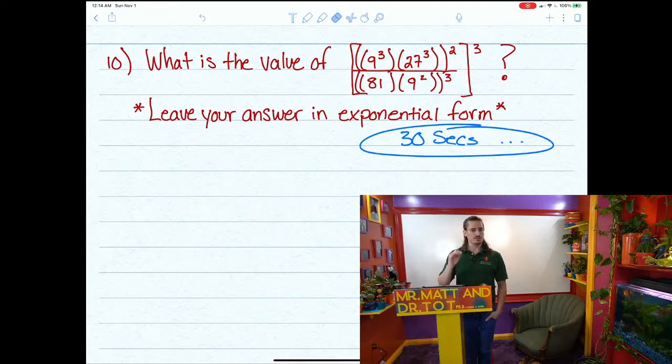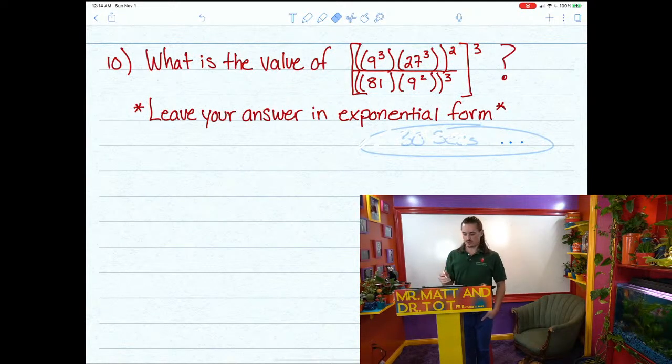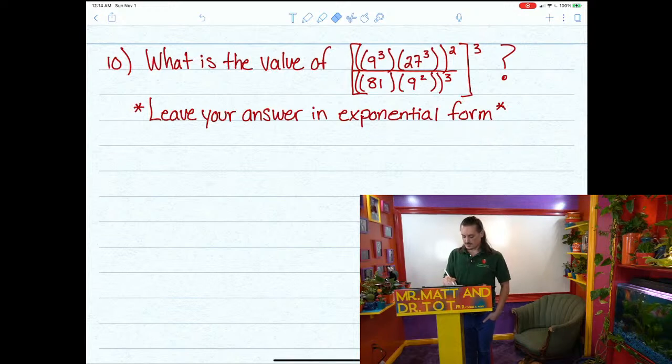So just make sure that you're inserting with parentheses. That's really important. Instead of 9, I'm going to write 3 squared. This is still raised to the third power. Instead of 27, I'm going to write 3 cubed, and that's still raised to the second power. The whole quantity, the whole numerator, is raised to the third power.